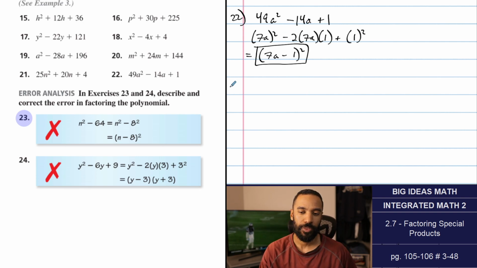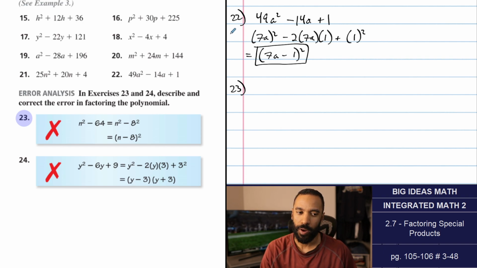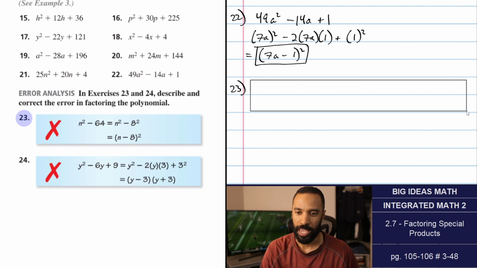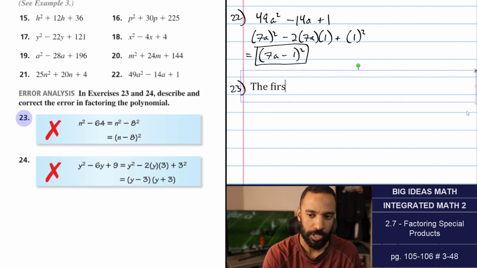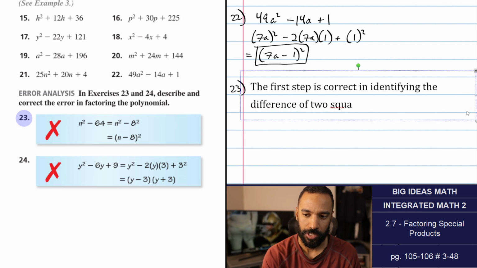All right, numbers 23 and 24 with error analysis. Let's describe and correct the error in factoring the polynomial. They show that n squared minus 64 is n squared minus 8 squared. So far, so good, but that does not equal n minus 8 quantity squared. The first step is correct in identifying the difference of two squares.